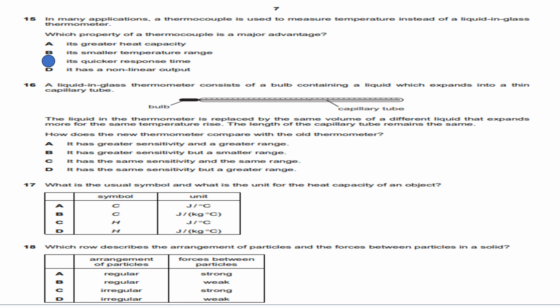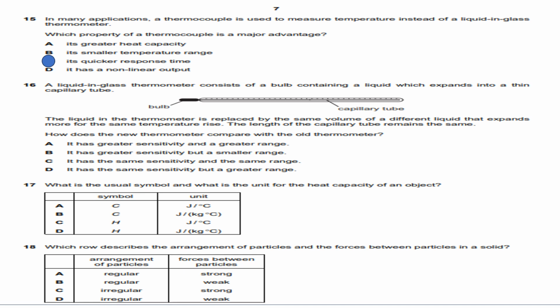A liquid in glass thermometer consists of a bulb containing a liquid which expands into a thin capillary tube. The liquid in the thermometer is replaced by the same volume of a different liquid that expands more for the same temperature rise. The length of the capillary tube remains the same.